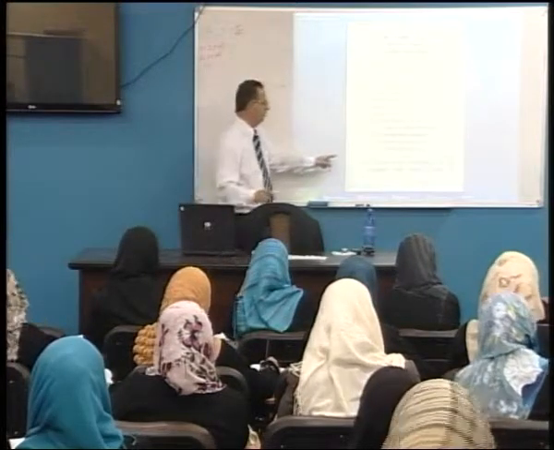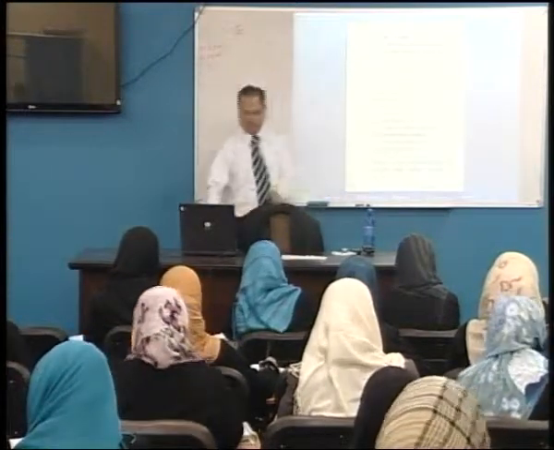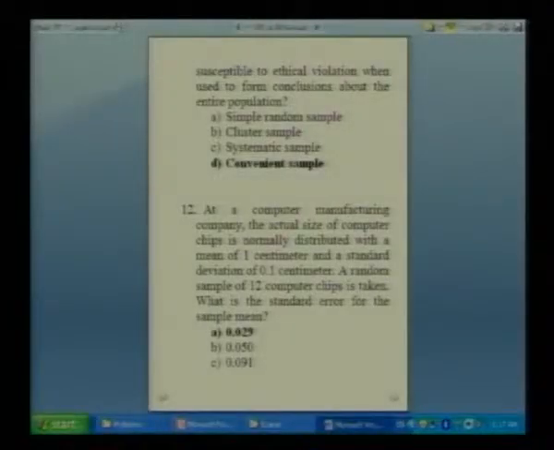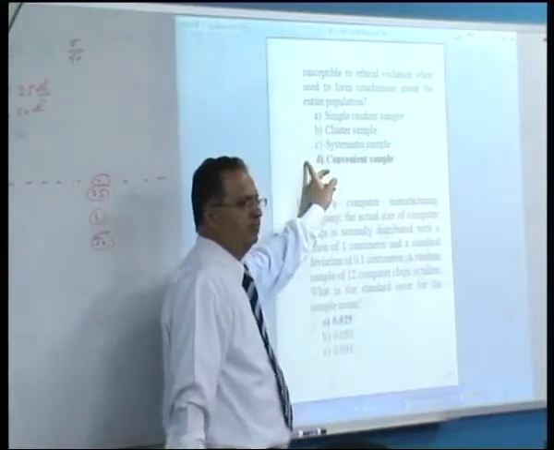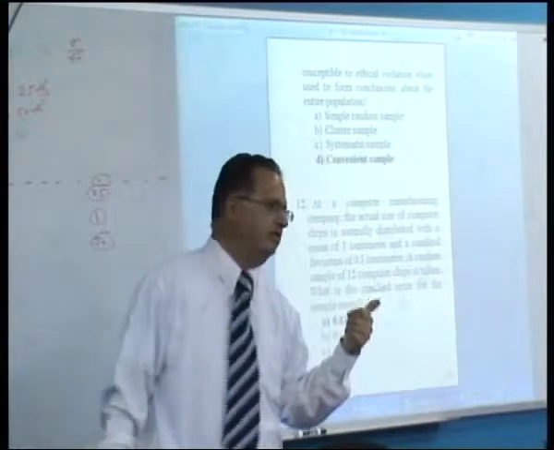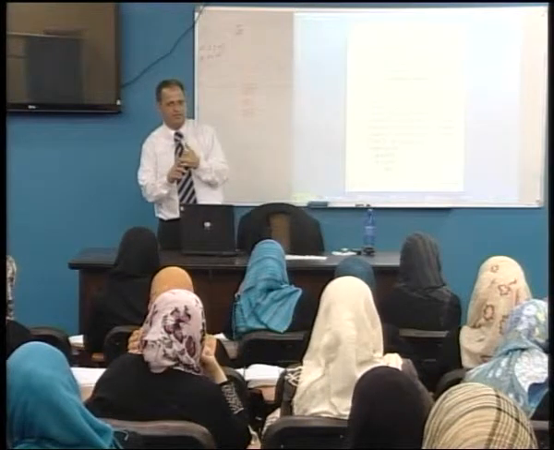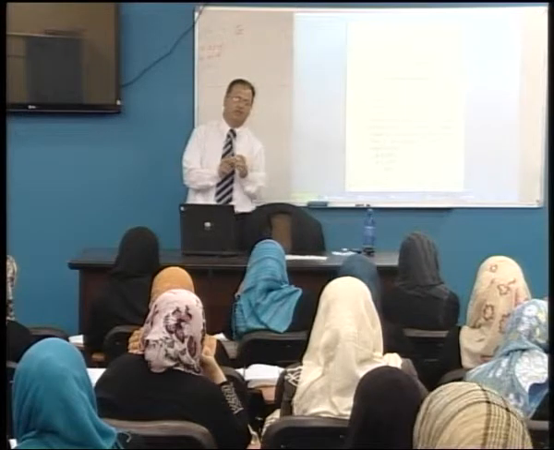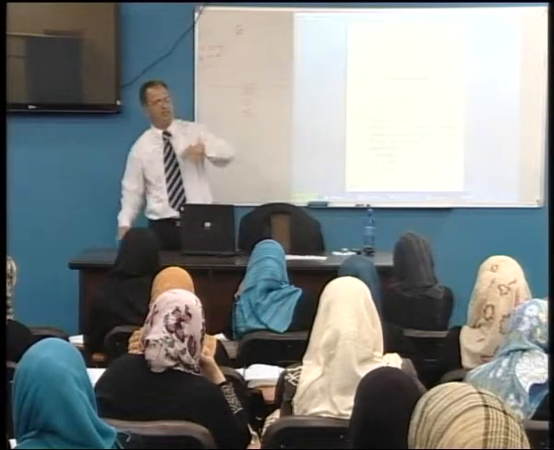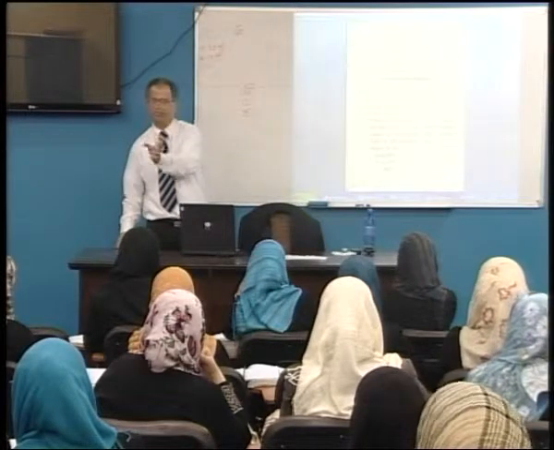Number 11, which of the following methods will more likely be susceptible to ethical violation when used to form conclusions about the entire population? Now the correct answer is convenience sample. Because convenience sample is used because it is easy, inexpensive, and we select the sample if it is convenient to the researcher.